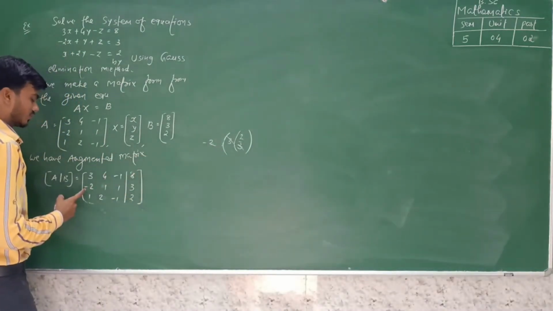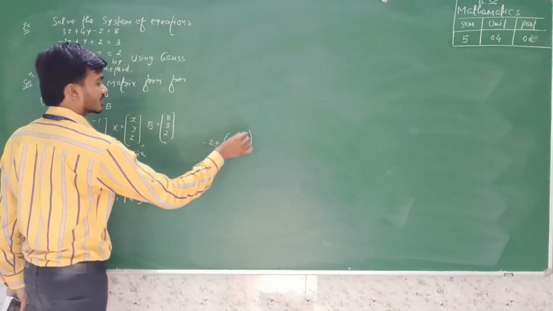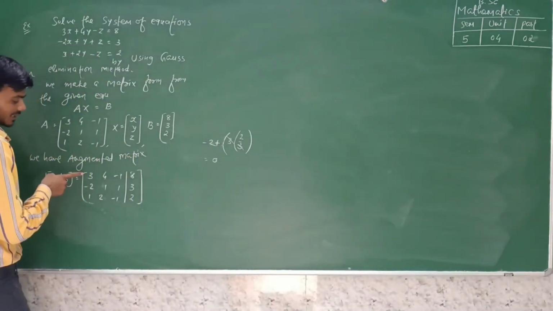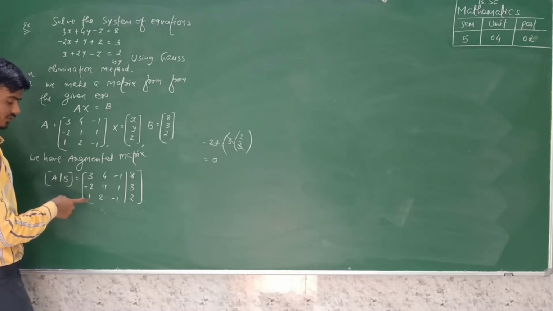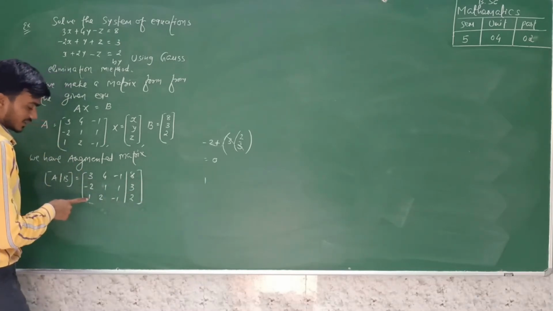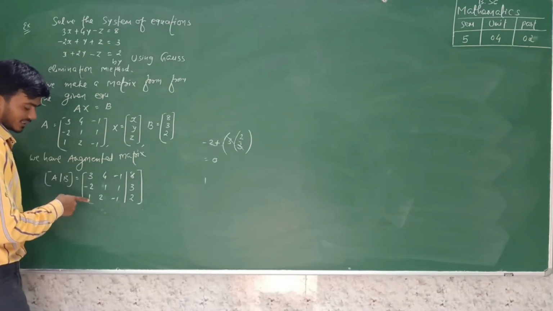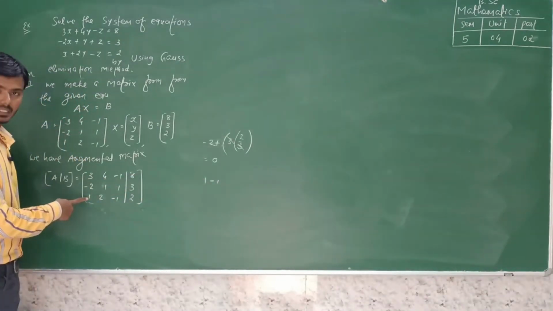Minus 2 plus 2 is 0. Similarly, the first element of the third row is 1. To make it 0, we add minus 1.